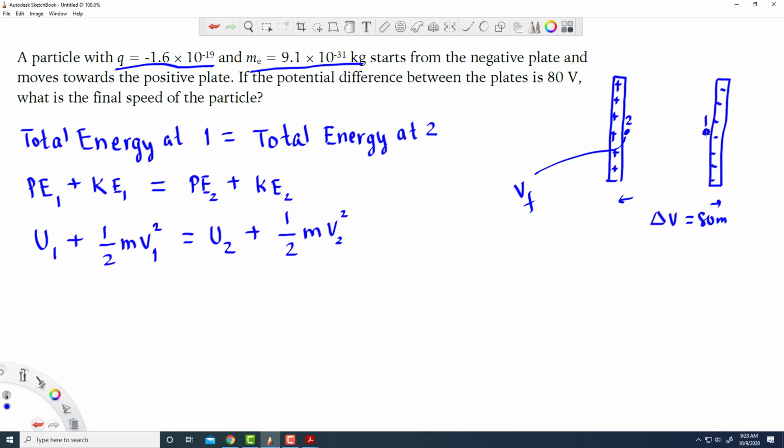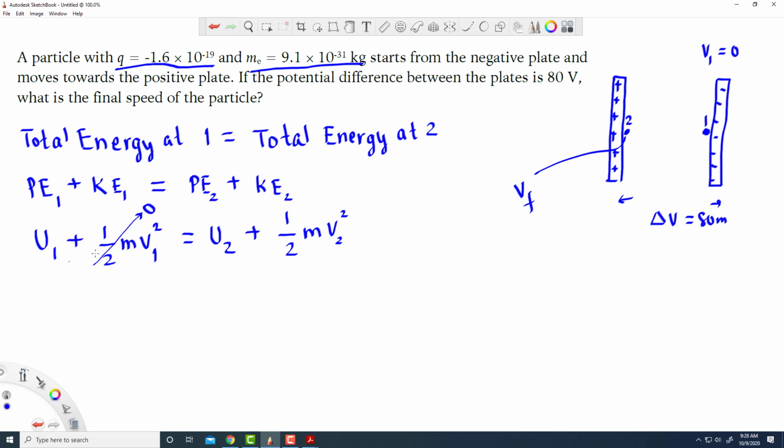Now at this point in the beginning, just before it starts to move, its speed is 0. Okay, initially it starts at rest, so that means V1 is 0. Whenever it starts at rest, you know from physics 1, anything that starts from rest has initial velocity 0, so this is 0.